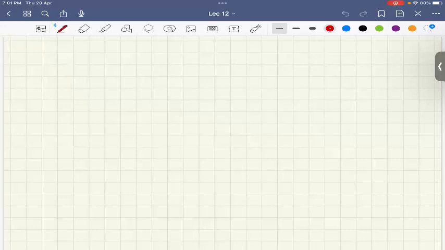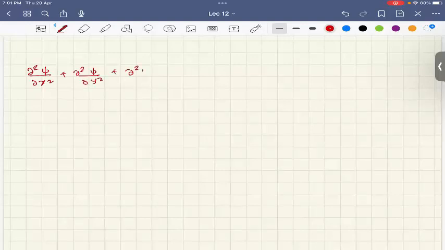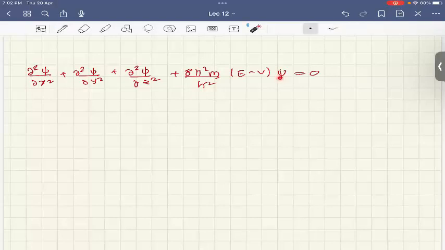We also studied Schrodinger's wave equation, which was del2 psi by del x square plus del2 psi by del y square plus del2 psi by del z square plus 8 pi square m by h square into (E minus V) psi is equal to 0, where psi is the amplitude of the wave, x, y, z are the coordinates of the position of the electron, E is the total energy of the electron, V is the potential energy, m is the mass of the electron, and h is Planck's constant.